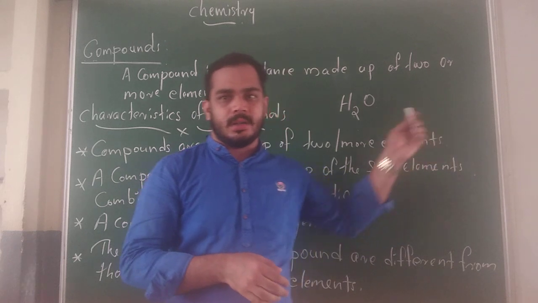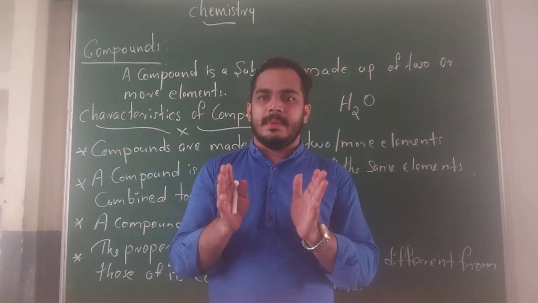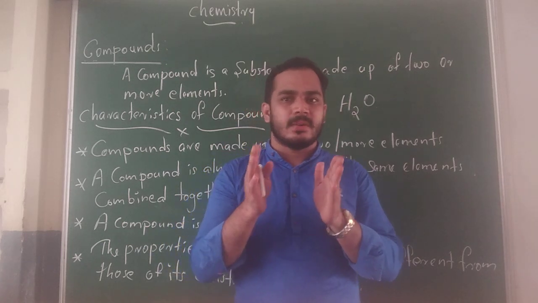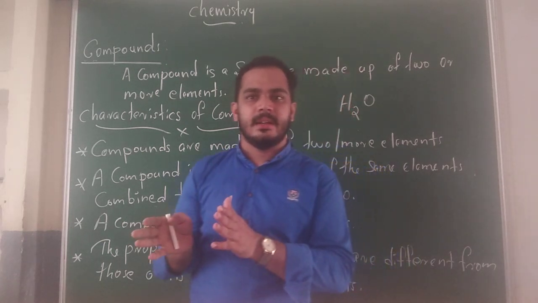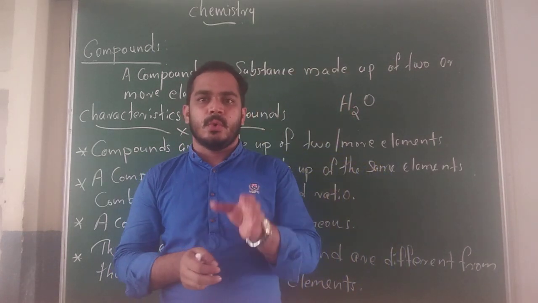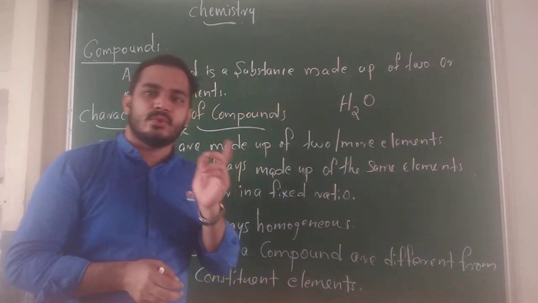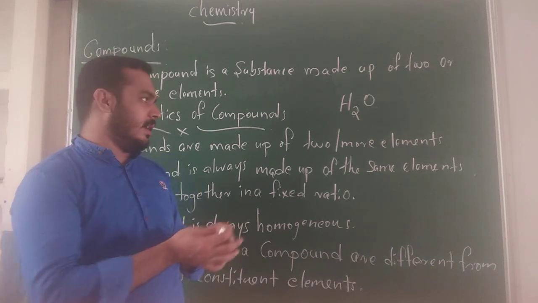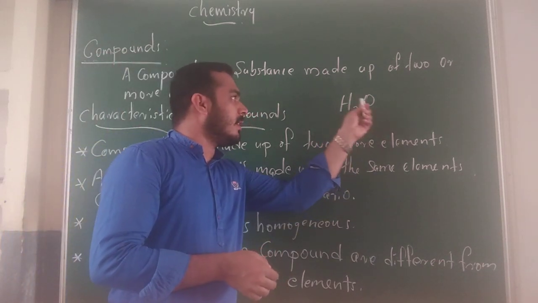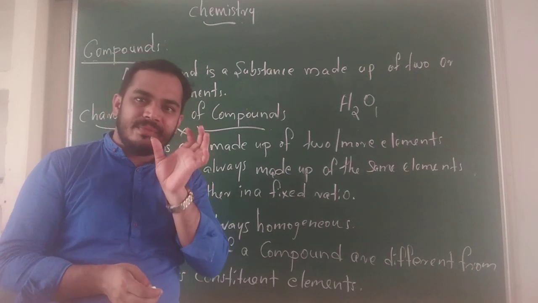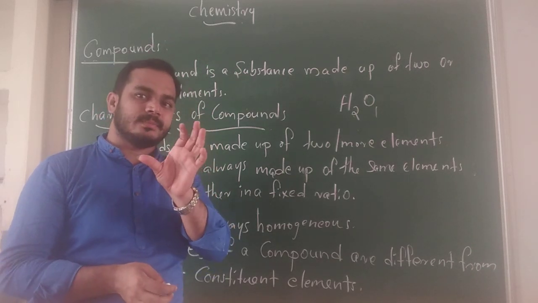For example, the water. Water means 2 different elements, one is hydrogen and one is oxygen. So it is made in a fixed ratio, that is 2:1. That means 2 hydrogen and 1 oxygen. So that's a fixed ratio. So that is the second character.